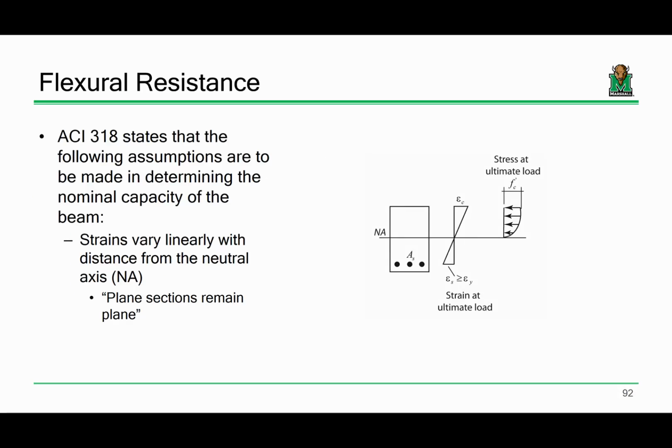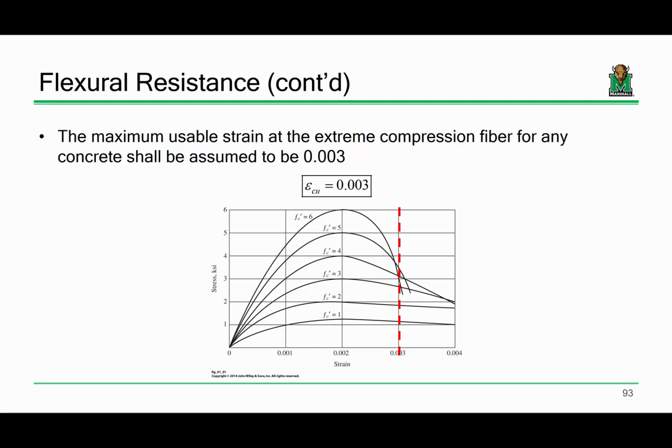Now, we went through some of these assumptions last time, for instance that plane sections remain plane. Once we've determined where the centroid is, we assume that the strains vary linearly from the neutral axis. We also assume that the absolute maximum usable strain in the top of the beam is 0.003, okay?